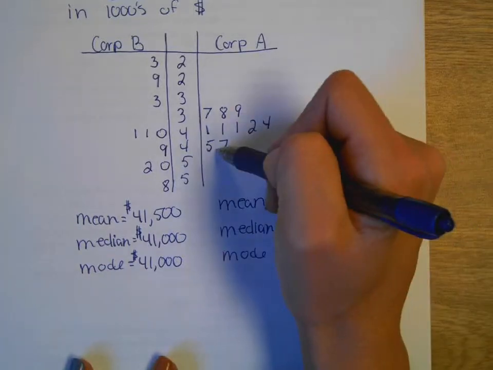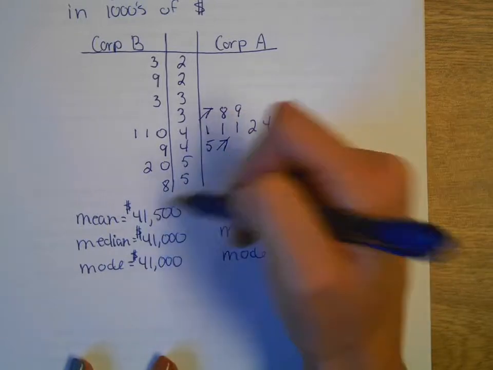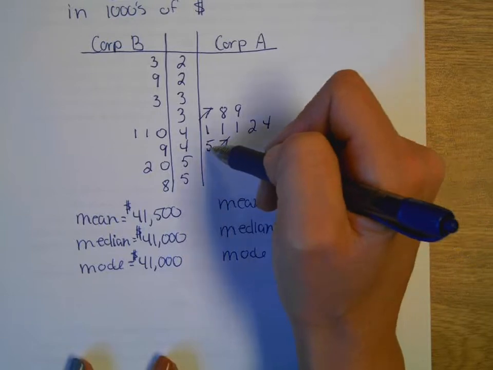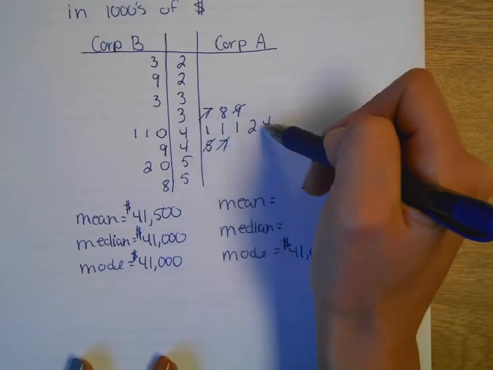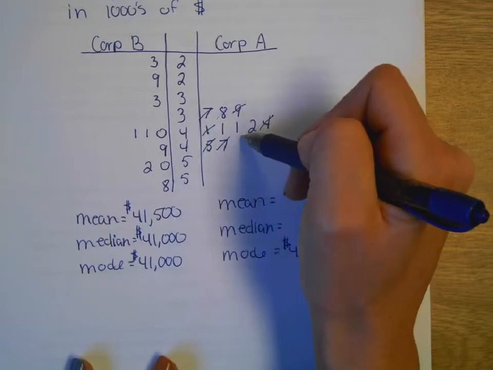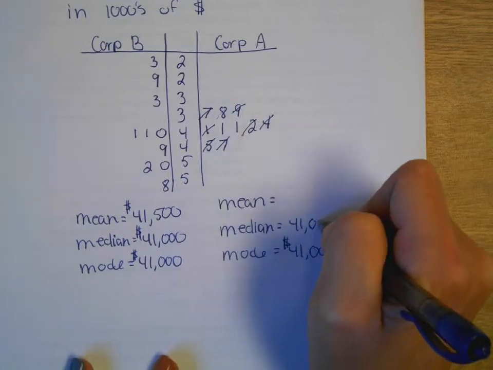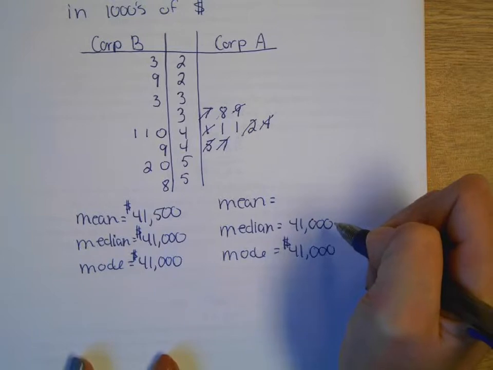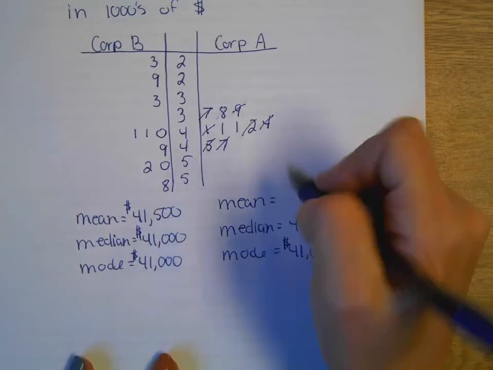The median you can probably count out. Well, I did the wrong side, that's why. Oh. Well, it was still 41.5. So the median's going to be 41,000 here. The median is 41.5. 41.5 here also.